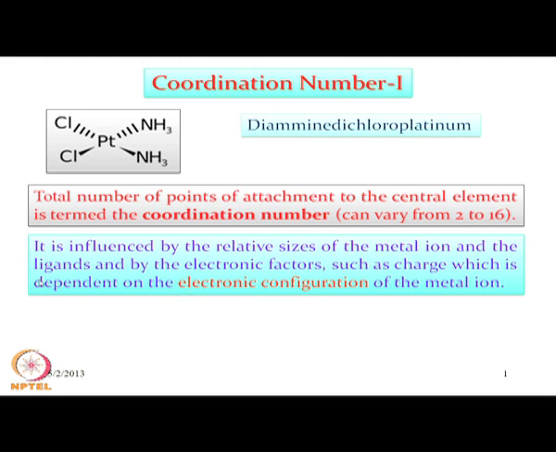So, the relative sizes are dictated by different electronic factors such as the charge, that means the charge on the metal ion and the charge on the ligands. If the ligands are negatively charged, they are not neutral ligands. This charge is also dependent on the electronic configuration of the metal ion.